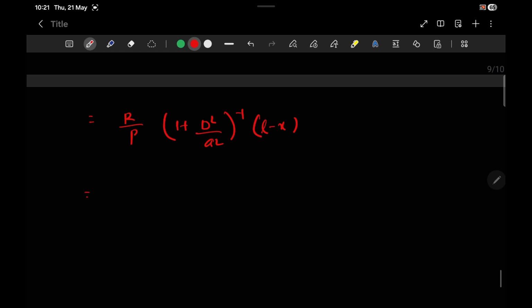As we know from the binomial expansion, (1 plus d square by a square) to the power minus 1 is 1 minus d square by a square, multiplied by L minus x.